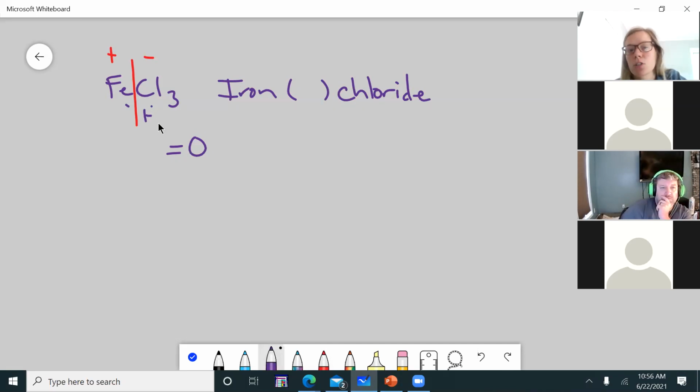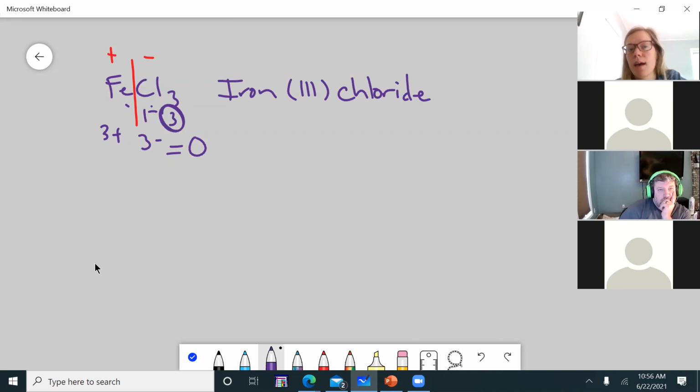Chlorine always has a 1- charge. How many of them are there? There's 3 of them. So what is the overall negative charge here? It's a 3- charge. So what does iron have to be to balance that out? Iron has to be a 3+ to balance out the 3-. So this becomes iron 3 chloride.